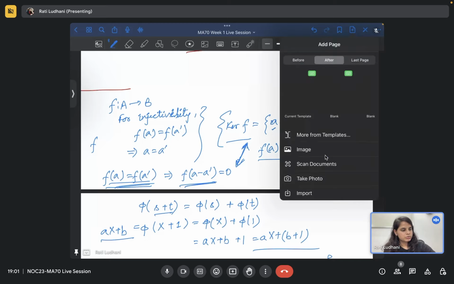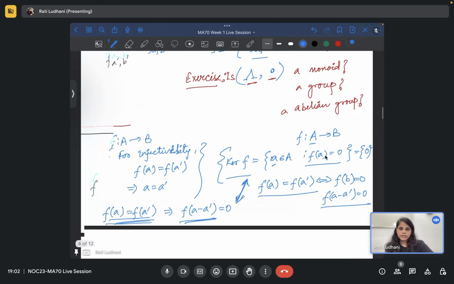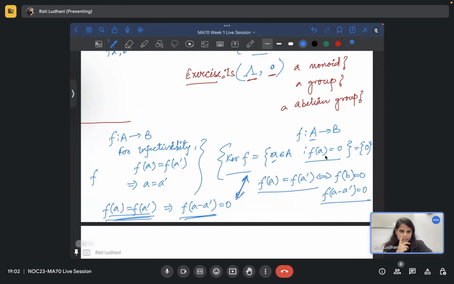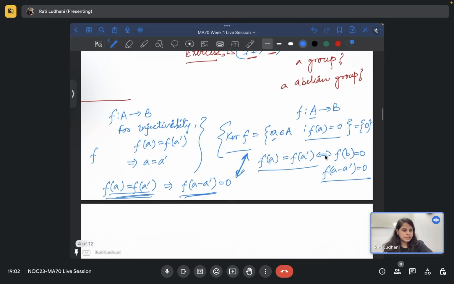You can try to find the kernel. Okay, is that clear what I mean to say? I just want to say that first we should make sure that this is a ring homomorphism, then only we can talk about the kernel, and we can check if the kernel is 0, then this is injective.